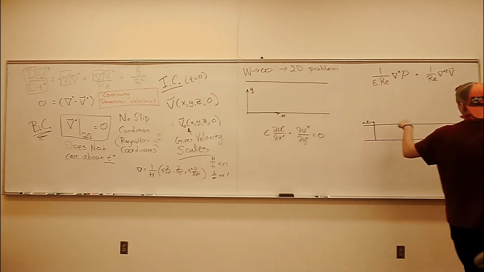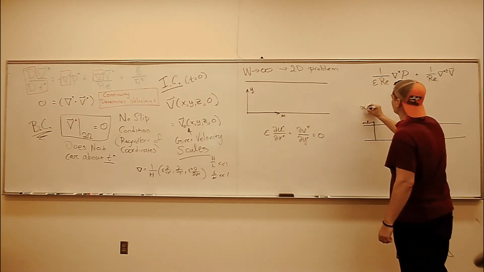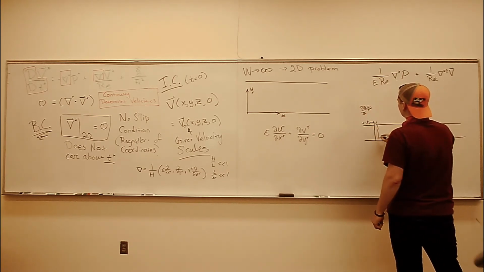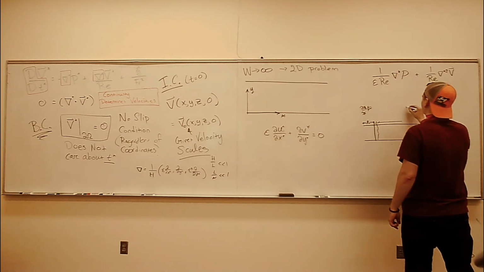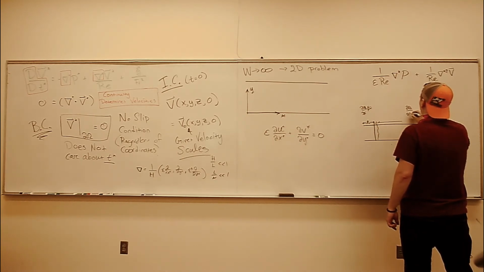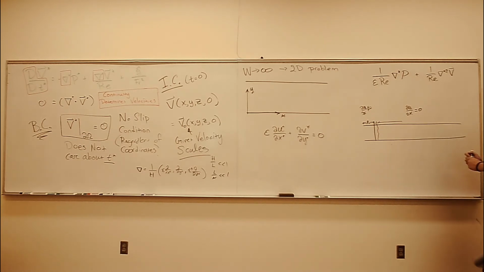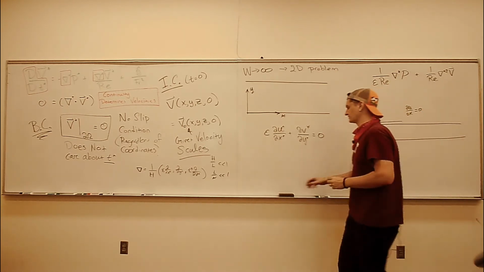So maybe you would see that right here there was a point when the velocity gradient was non-zero, maybe there's a transition region, and then past here the velocity gradient was equal to 0, this point being an entrance regime.